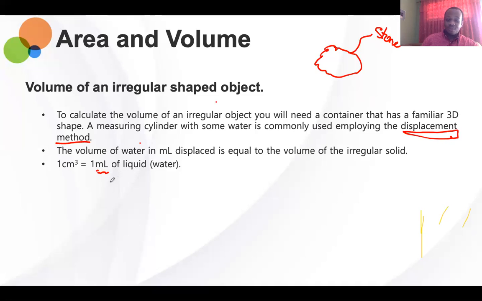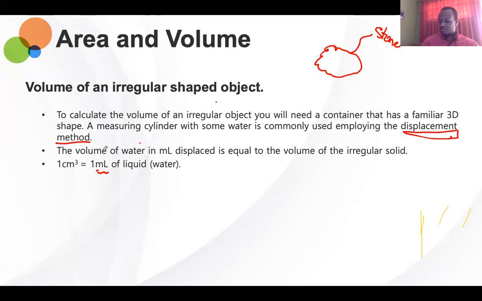I would mark you wrong. I would give it a negative mark. Liquid is measured in milliliters, but we say that 1 centimeter cube is approximately equal to 1 milliliter, right? Are we all on the same page? Yes, sir. And we just did that example.